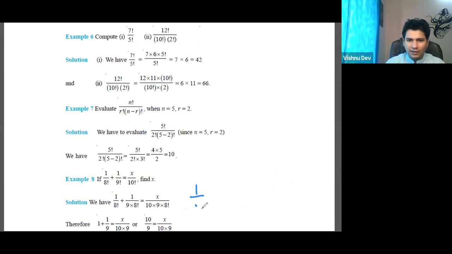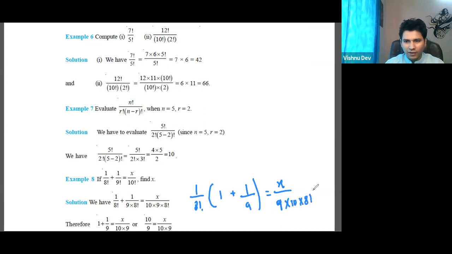I took 1 by 8 factorial common. So I will be left with 1, because 8 factorial is with all the terms. So this becomes 1 here, plus 1 by 9 here, and here it will be x divided by 9 into 10 into 8 factorial.